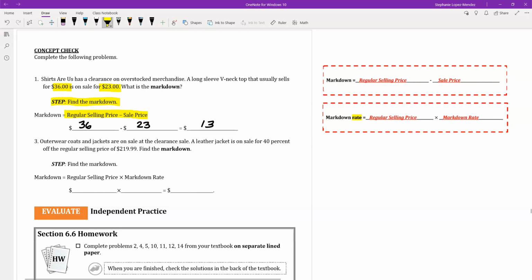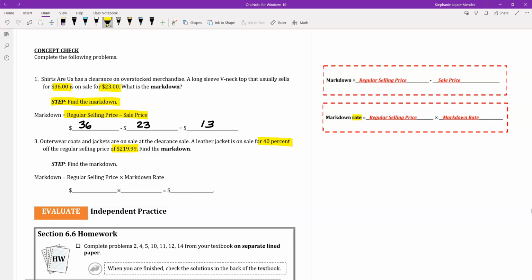Now problem number 3, we have outerwear coats and jackets are on sale at the clearance sale. A leather jacket is on sale for 40% off the regular selling price of $219.99. We need to find the markdown.